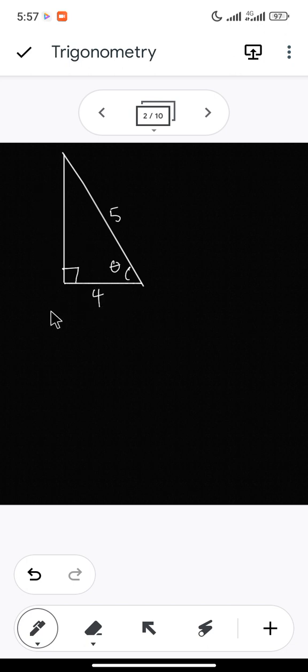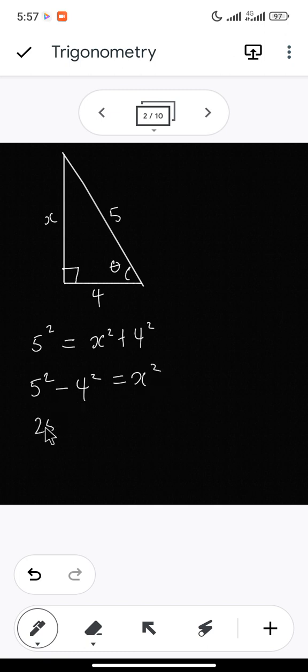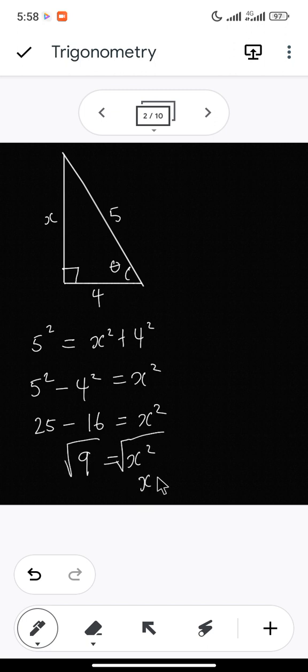Now, how do you get the opposite? Let's call the opposite x. 5 squared is equal to x squared plus 4 squared. So in order to get x squared, you have to make it the subject. 5 squared minus 4 squared equals x squared. 25 minus 16 gives 9, which is x squared. Now if you find the square root of both sides, x gives you 3. So the opposite is 3.